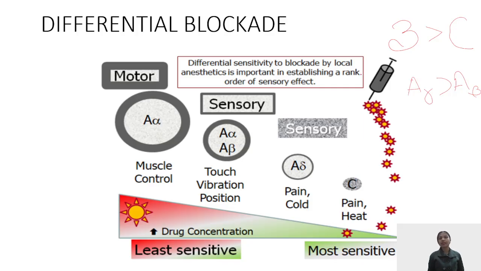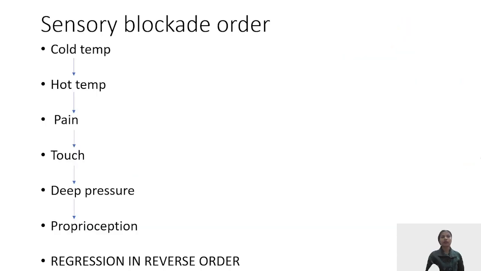So the very first sensation that is lost is your autonomic sensation, followed by temperature, that is cold and hot, pain, touch, pressure, and eventually your motor, and lastly your proprioception goes.